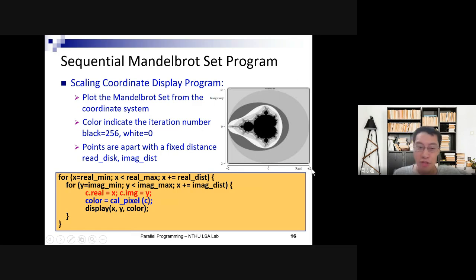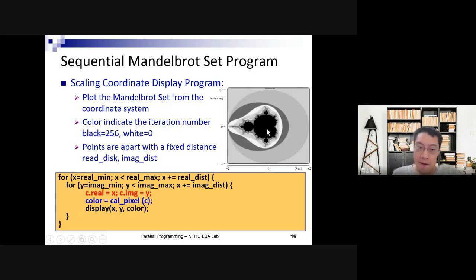granularity of the pixel. So in your homework 2, as explained by your TA, there are some parameters that can be given to your program. One of them is to decide the area of the picture you're going to plot. Also, there are parameters to control the granularity, the resolution of the image.